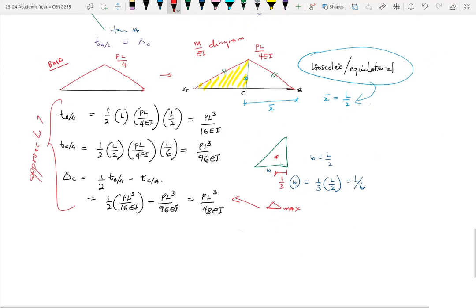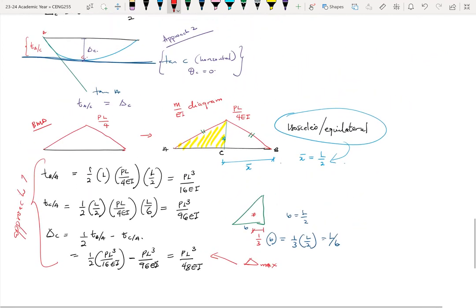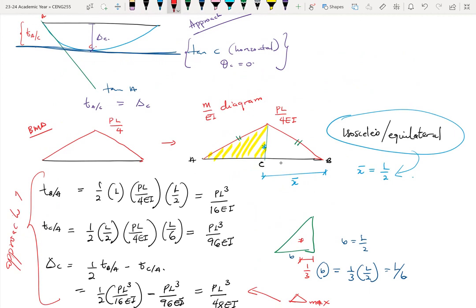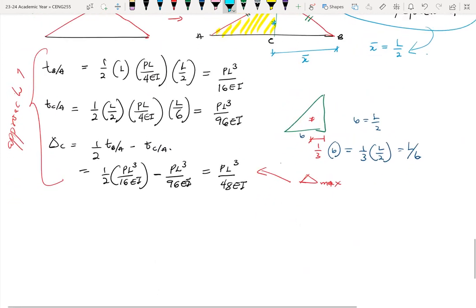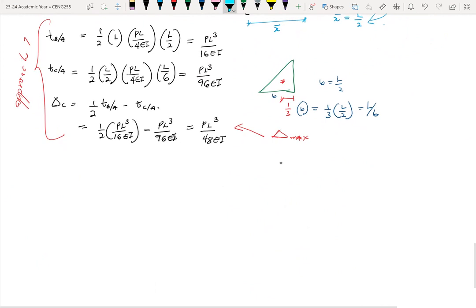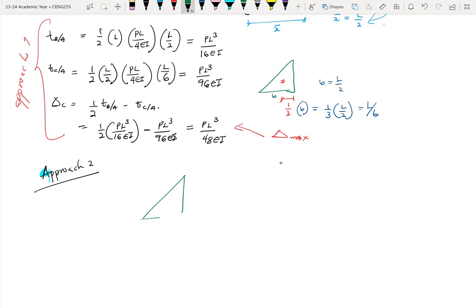For approach 2, what is approach 2? We are saying that TCA is equal to delta C. Again, I'm looking at this portion.